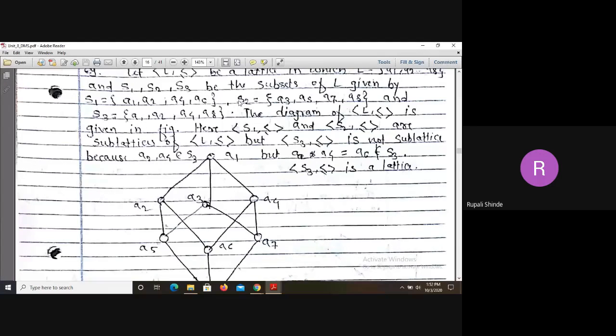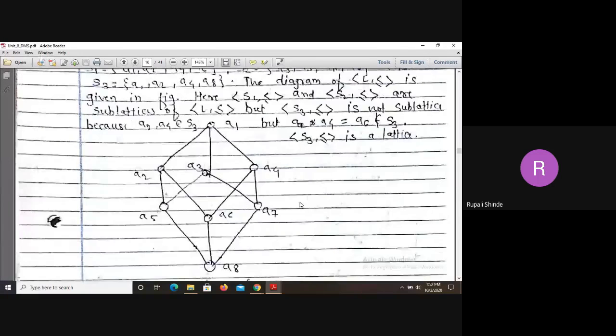Now check for S2, whether the partial order on S2 is a sublattice of the given lattice. S2 consists of elements A3, A5, A7, A8. Only this part you have to consider, and check whether this is a sublattice of the given lattice.